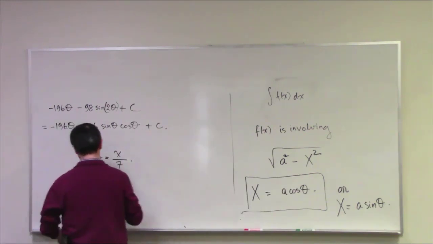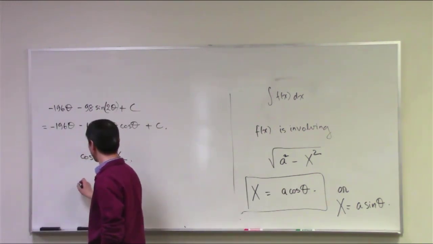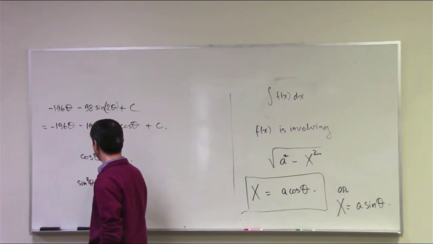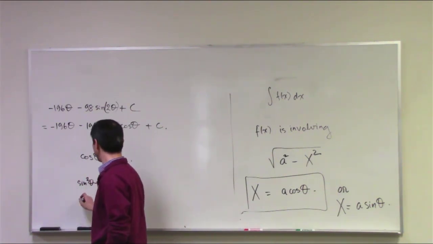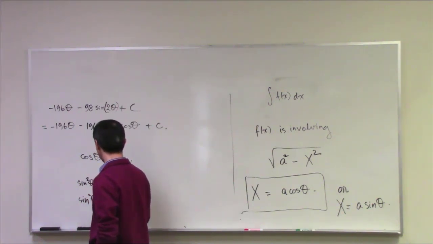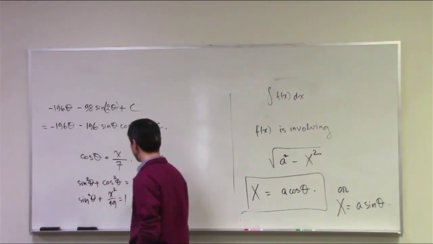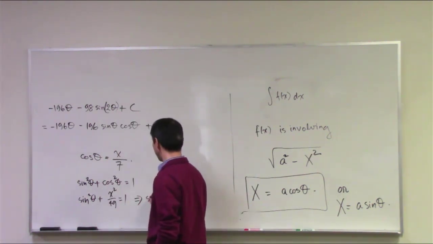And in that, we have, think about it, sine squared plus cosine squared theta equals 1, so sine squared theta plus x squared over 49 has to equal 1. That leads to sine theta, right?